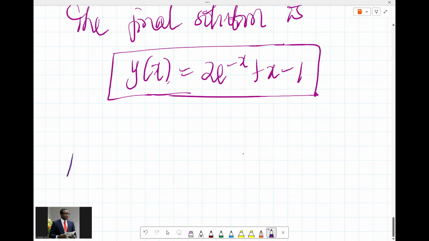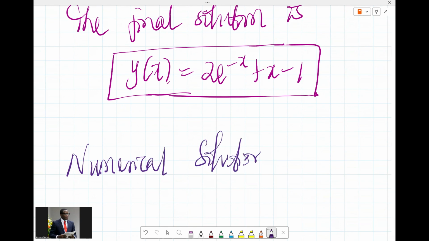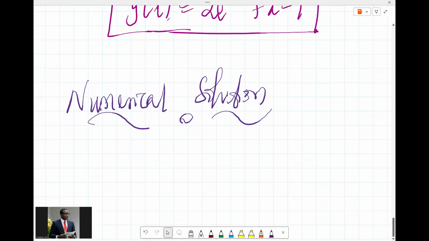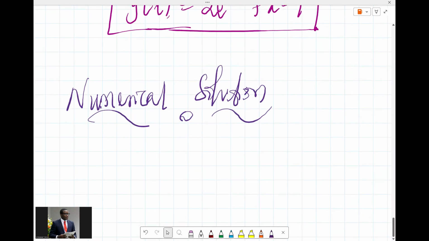Imagine you now need the numerical solution. Just like I said, there are two numerical solutions I've outlined. There are so many, but you can use Euler, you can use Runge-Kutta. Up there we already got an analytical solution, right?